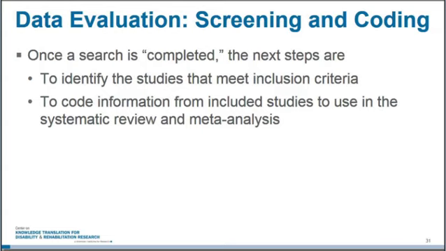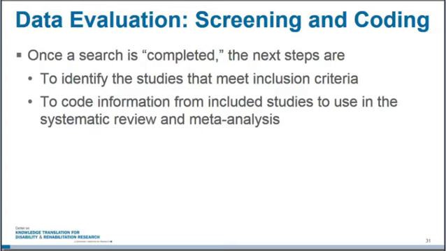And that argument is stronger if you can say, I have searched a range of databases, I have used this range of search terms, and these are the number of studies I identified. So think about how you build that argument that you have done a good job of trying to identify all of the studies that might be relevant.